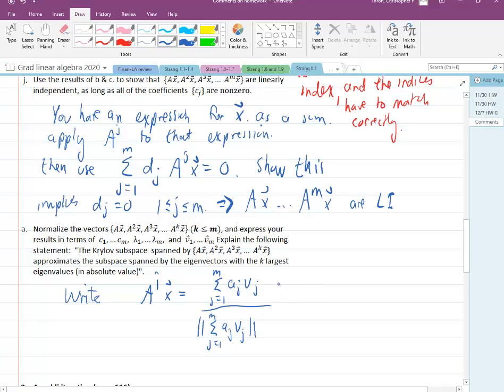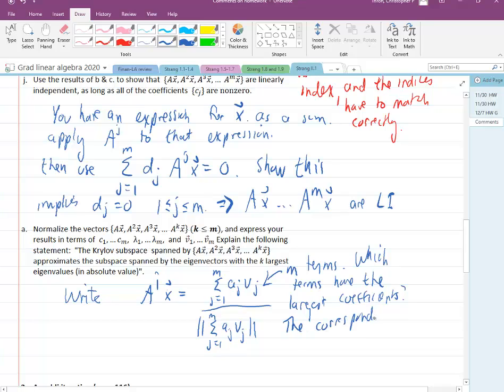Okay. All right, so here you have m terms. And the question is, which terms have the largest coefficients? The corresponding v's will be the most important.